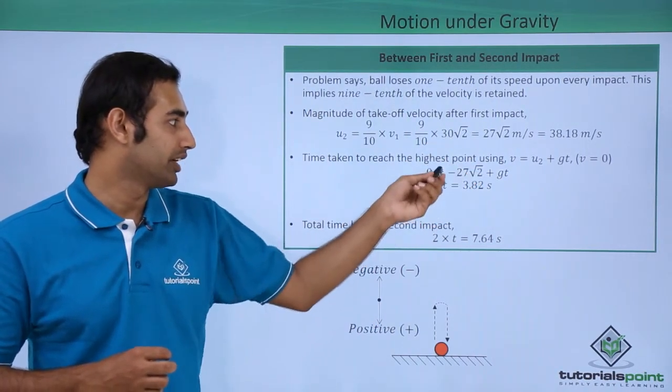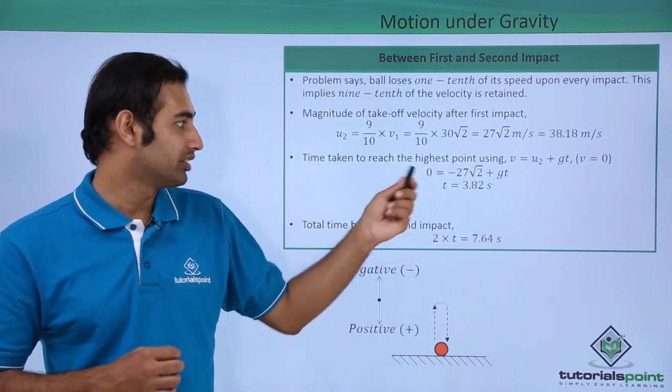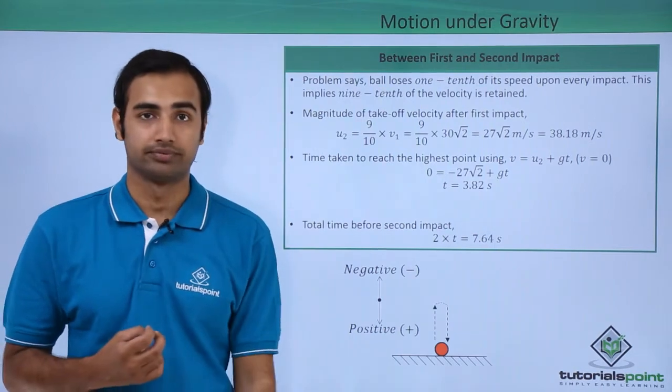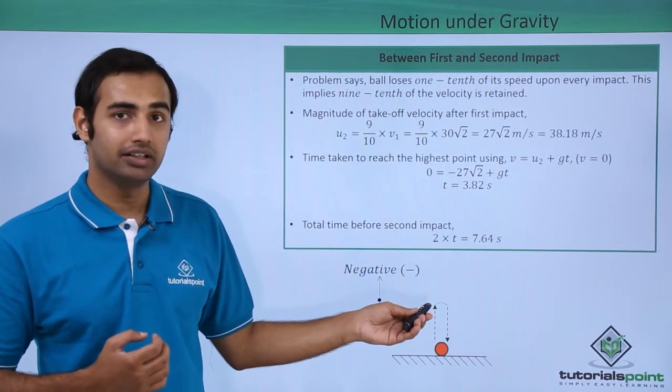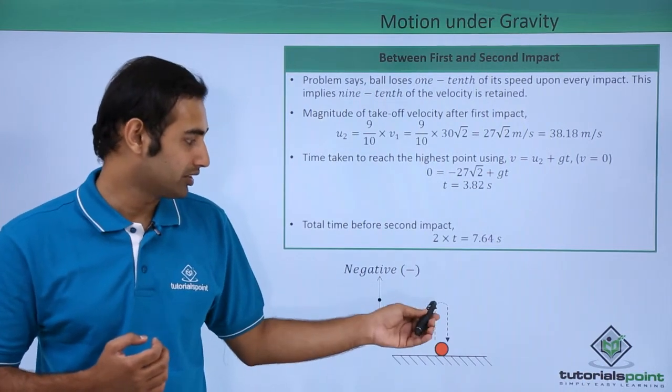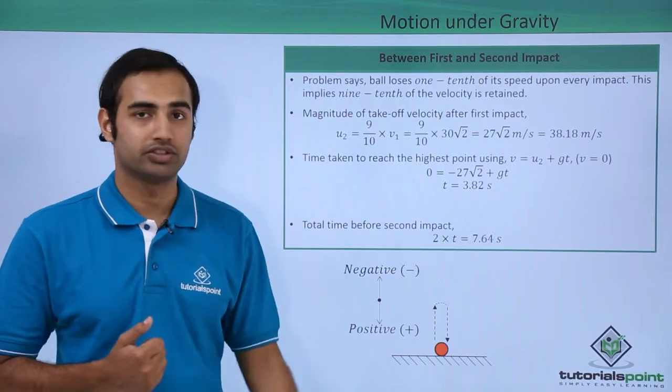My u value is taken as negative, and g is taken as 9.8. The result comes out to be 3.82 seconds. Now this is the time taken to go all the way up, meaning the total time taken for the entire path, up and down, is twice of t, which is 7.64 seconds.